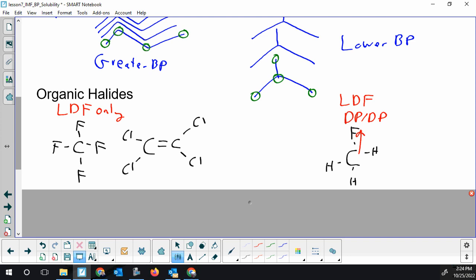Now I'm drawing that flat. You have to realize, going way back to Chem 20, that what I drew is really a tetrahedral shape in 3 dimensions. So I'm trying to take something that has 109.5 bond angles and flatten it out.